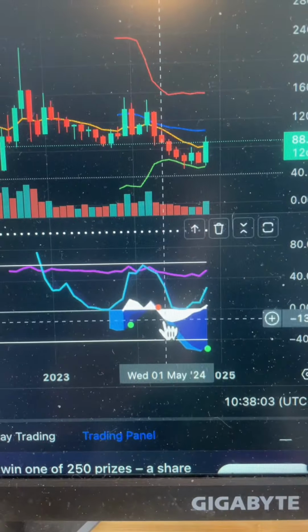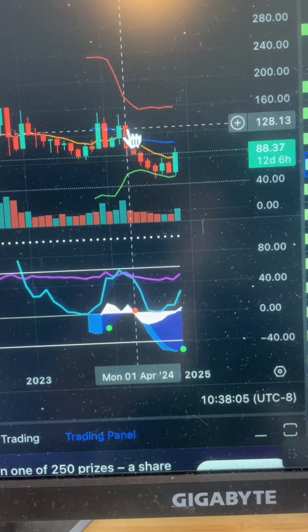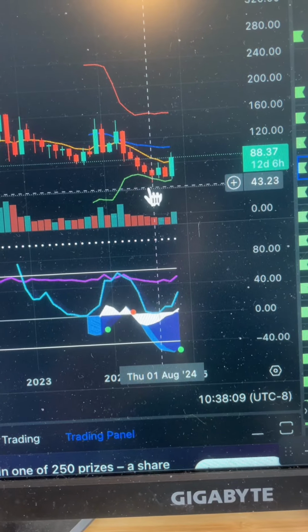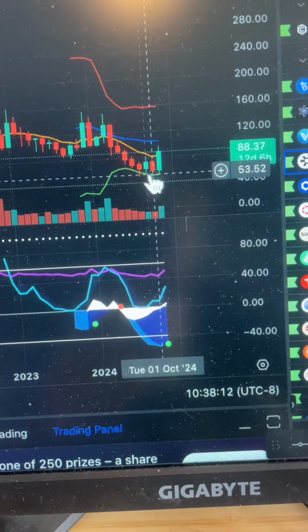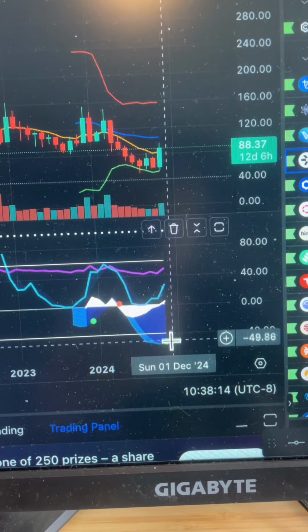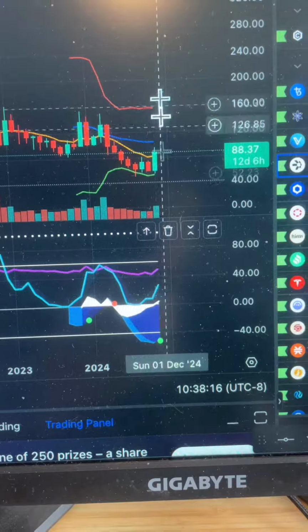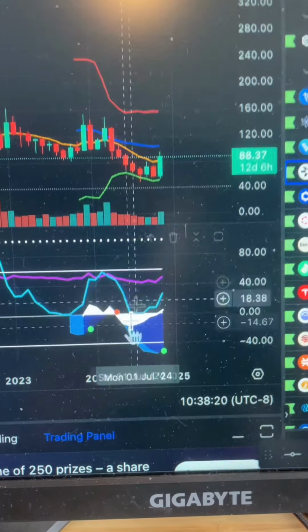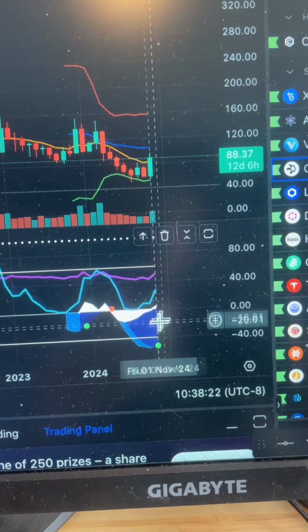Okay, and you can see the red dot came right here back in April. That was at 128. And what did it do? It went down for 1, 2, 3, 4, 5 months. And then there was some consolidation. So now that the green dot has come, we got to expect a move in the opposite direction, because red means down and green means up.